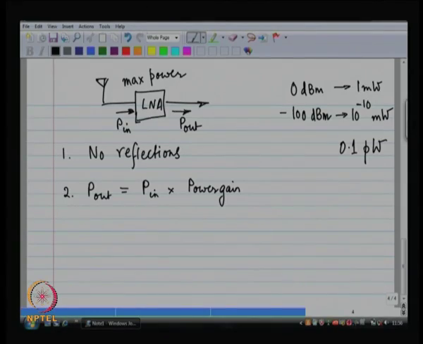Now, what that means is, if I do not do maximum power transfer, then it is even worse for the LNA. So, I want to transfer as much power as possible from the antenna to the LNA and then moving forward to the mixer, etc. We are talking about extremely low power levels over here.